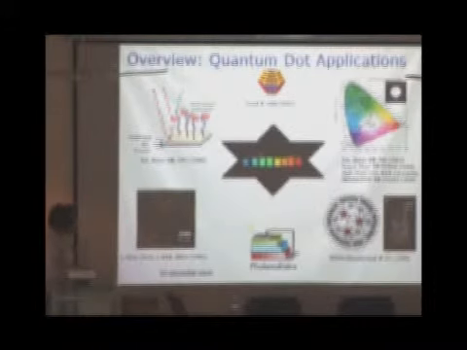We make these things and a few more, and we do a lot of fundamental studies on these particles. That is our main aim. So some of these fundamental studies are basically related to the electronic structure and luminescence properties.